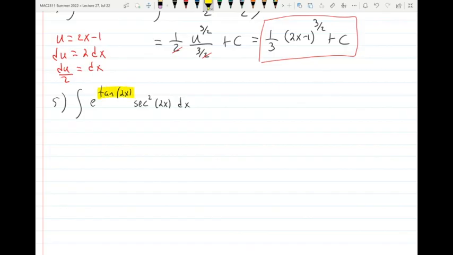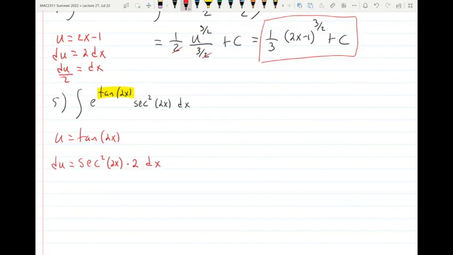So again, I'm going to let u be equal to tangent of 2x. And again, the idea is because I want to make my problem simpler. I want to solve a simple integral. I don't want something big like this. So then the derivative of tangent is going to be secant squared, but remember, times 2. Okay, and then we just stick the dx in here.